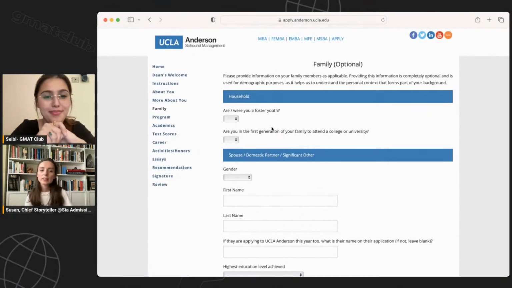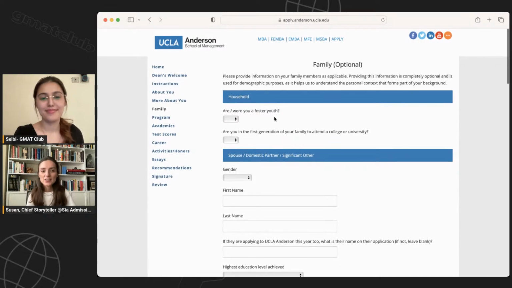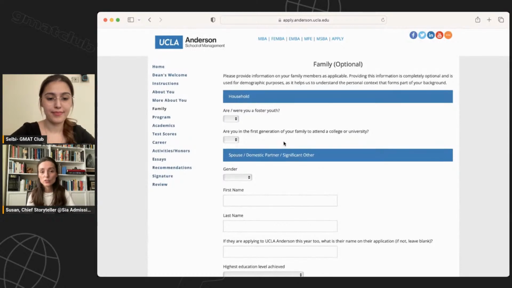Okay, so here you have an opportunity to provide a little bit more about your background, your family, as part of your application. Here you have more information asking about your undergraduate experience and your early life experience.